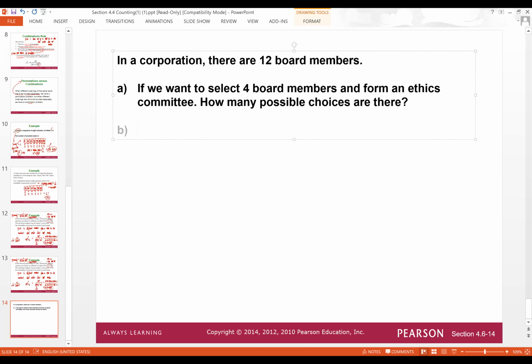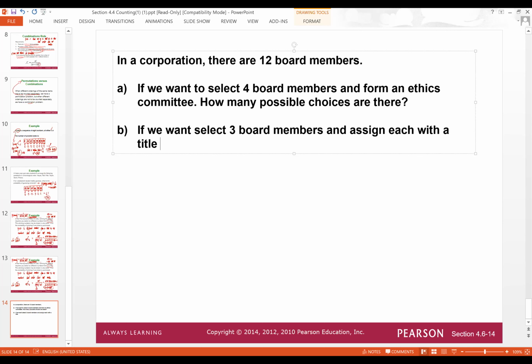Now part B: if we want to select 3 board members and assign each member a title. The titles will be President, Vice President (VP), and Secretary.